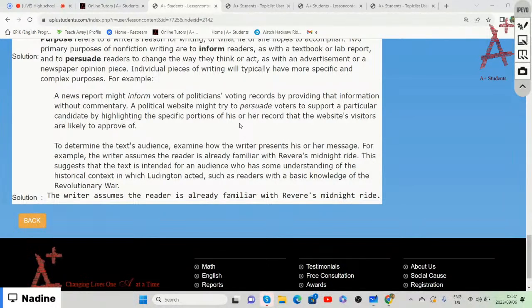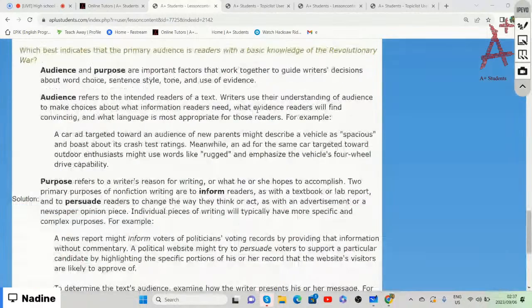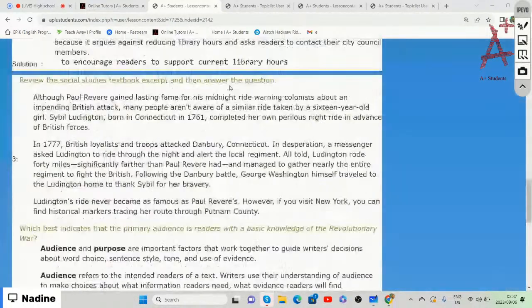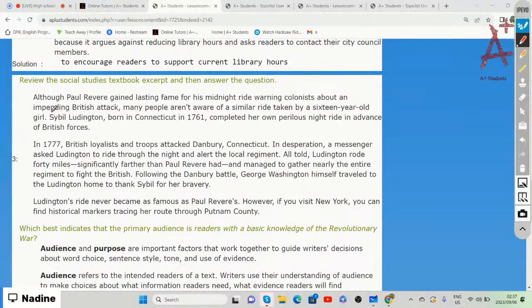So the writer specifically makes mention of specific details as if they know about Sybil Ludington as well as Paul Revere. And in this case, they are giving more information about Sybil Ludington than they are giving about Paul Revere, which indicates that the writer expects that the reader should know more about Paul Revere.